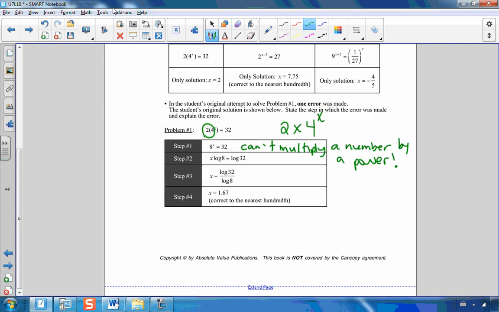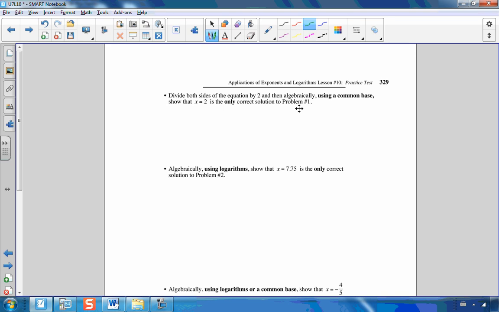On the next page, they say to divide both sides of the equation by 2, and then algebraically, using a common base, show x equal to 2 is the only correct solution. So I had 2 times 4 to the x equals 32. We divide both sides by 2, and we get 4 to the x equals, oops, I didn't divide 32 by 2, 16.